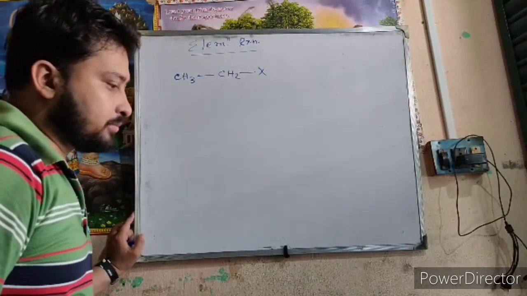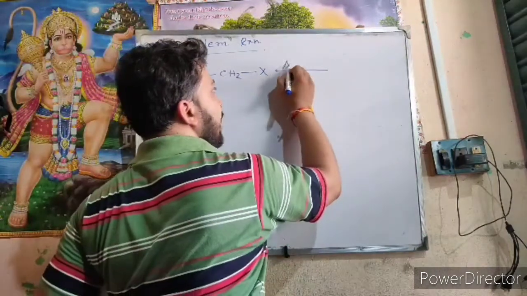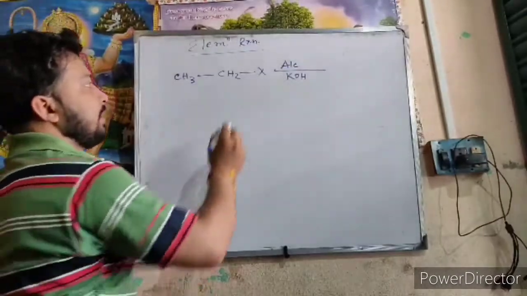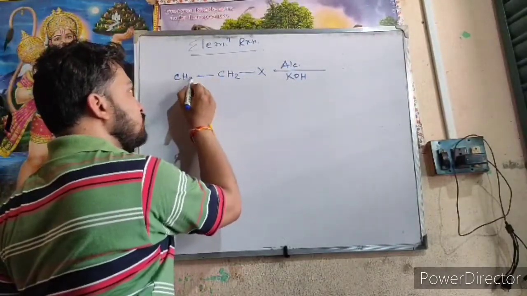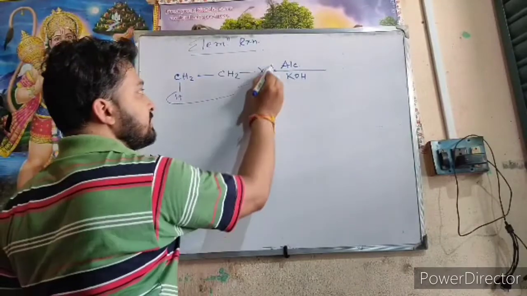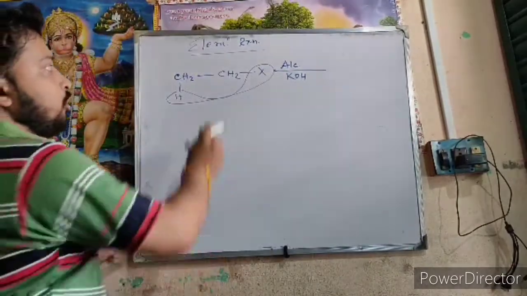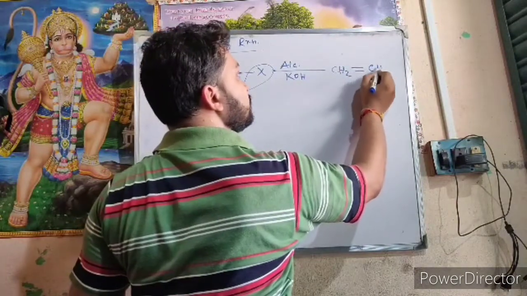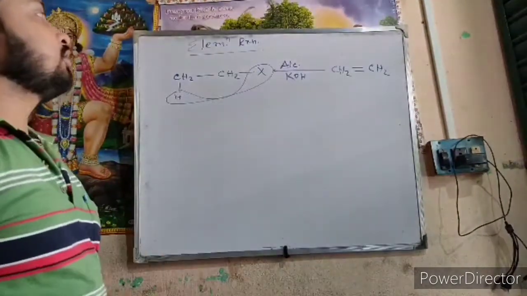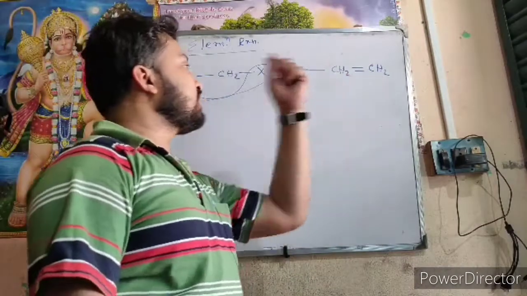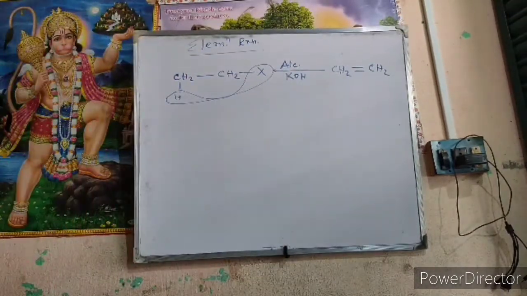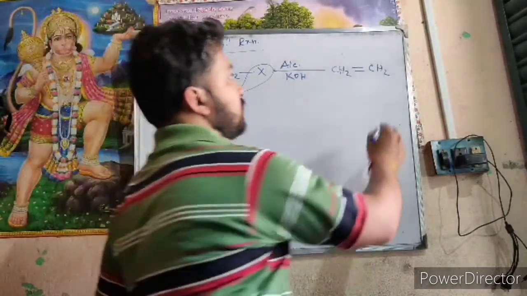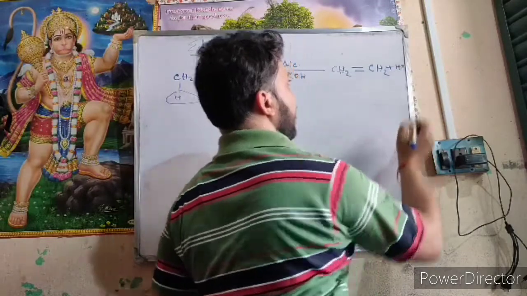You take this compound, and when you use alcoholic KOH, what happens? X and H, that is HX, is removed from here, so a double bond forms. This reaction is called elimination reaction because of the elimination of HX. So the side product is HX.